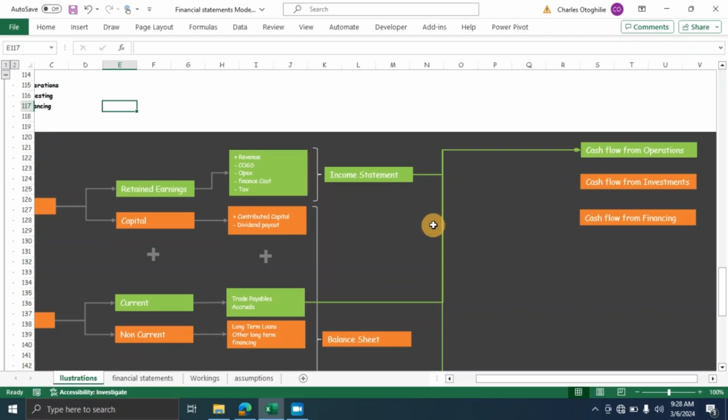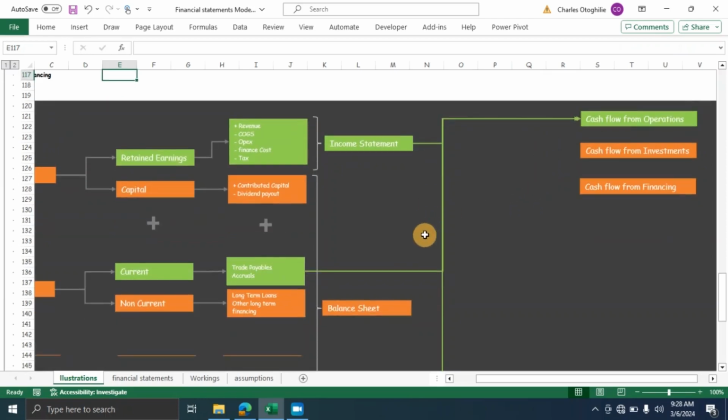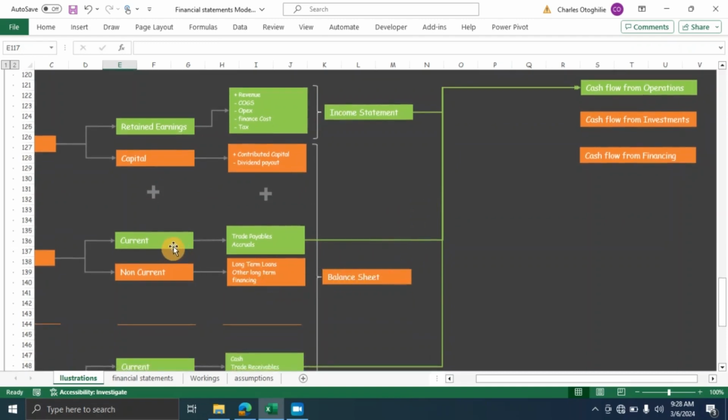So cash flow from operations does not come from just that. It also comes from your current liabilities. Take for instance your trade payables. Even if I secure raw materials from my creditors now, it's a form of cash, because the exchange in value for those raw materials is cash.